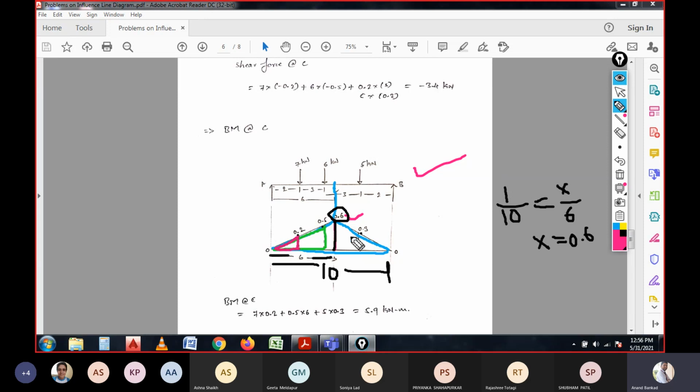I hope the color code is differentiating the triangles which we are calculating. So for this the span is 5, right, and for this the span is 2 meter. That is why it is 0.2 and it is 0.5, and for this it is the span of 3.